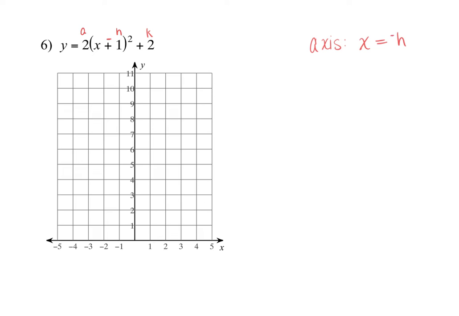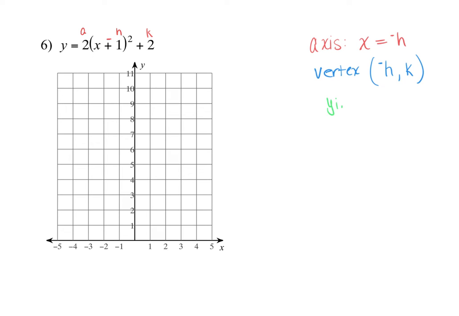And if you need to put a negative there, it's opposite of what it looks like. Because in your vertex formula, it's x minus h. Okay, so you're always going to flip that sign when you use that h. All right? Your vertex then is going to be that h. And again, if you need to put a little negative there to remind yourself that it is the opposite of what's there. And then k, just the way it's given to you.